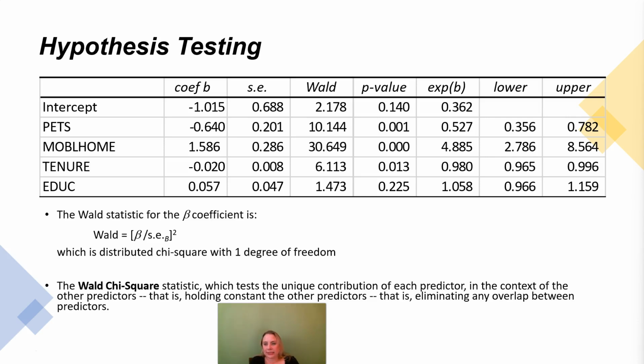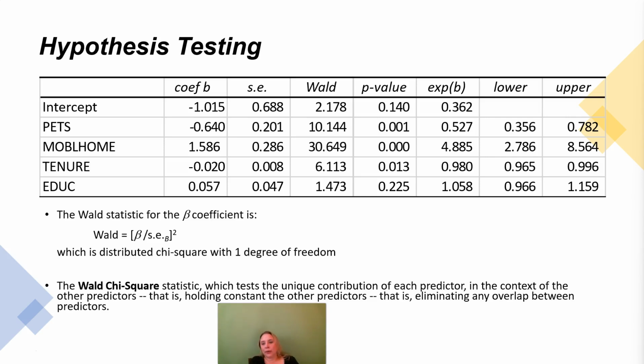So what that means is, by holding everything else constant, how much did this predictor contribute toward my overall model? We can interpret the p-values the same way we've always done before, with p-values less than 0.05 indicating statistically significant predictors.